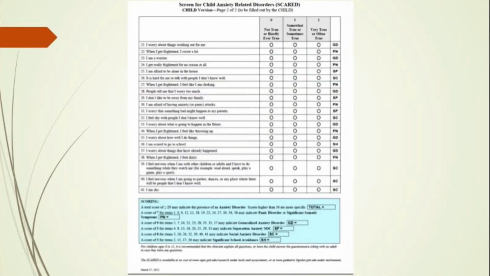And here's page 2. And basically, children go through it pretty quickly. A total score of 25 or more may indicate an anxiety disorder. Higher than 30 are pretty specific, and that means you need to do more investigation, but it looks likely.